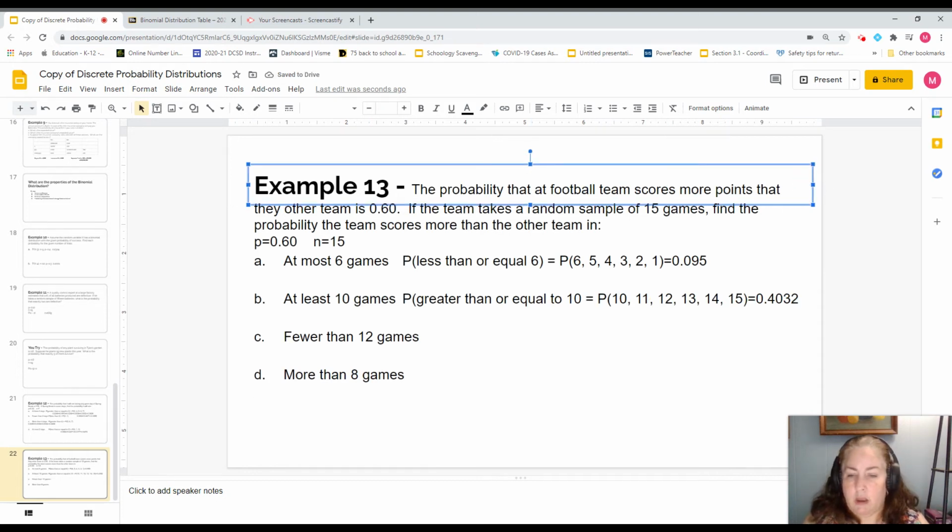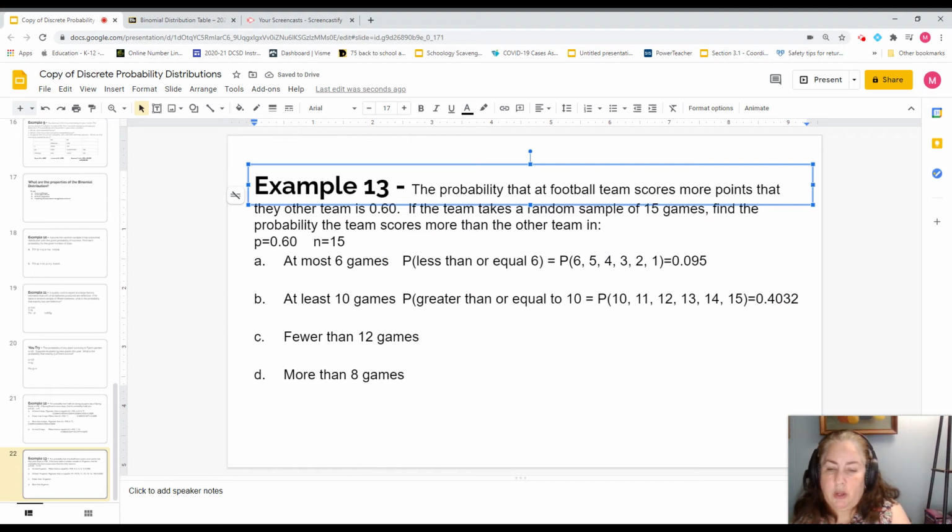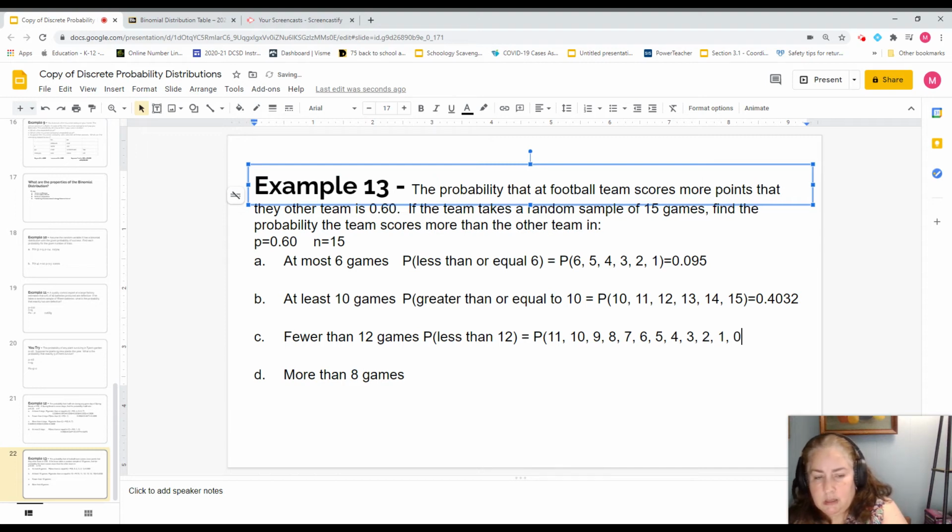All right. Now, fewer than 12 games. So fewer than 12 games is less than 12. So what numbers are included in less than 12? So that would be 11, 10, 9, 8, 7, 6, 5, 4, 3, 2, 1, and 0.